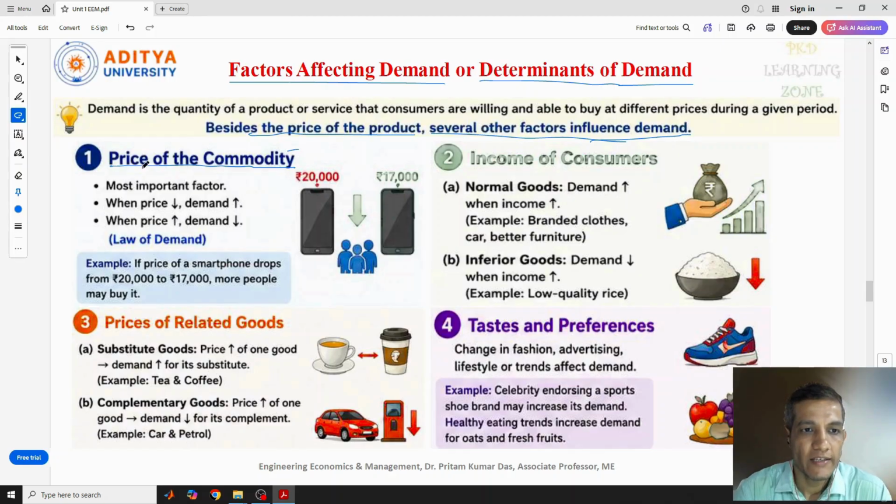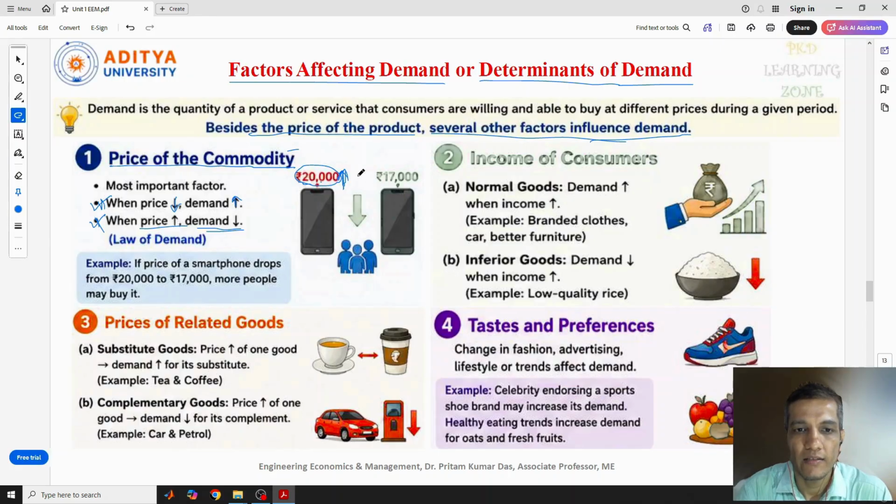The price of the product plays a crucial role. When the price is decreased, demand will increase. In the alternate case, when the price is increased, the demand may decrease. I've taken an example of smartphones. When the smartphone price is high, like 20K, maybe demand is less.